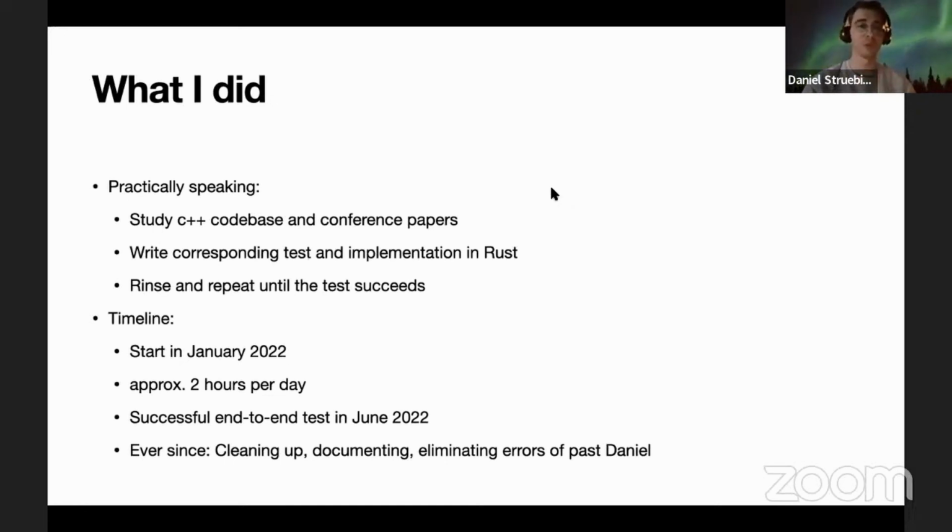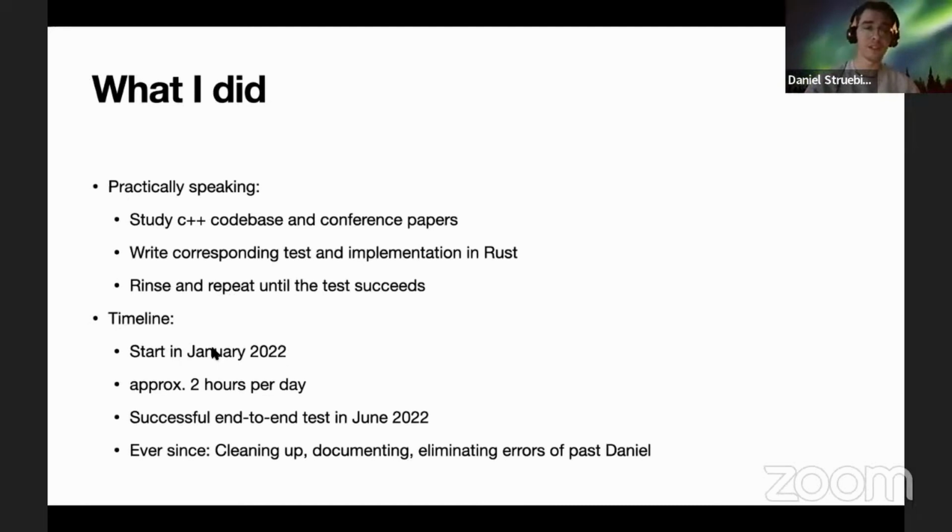Simply translated it one by one, and did a rinse and repeat until one test succeeds, and then the second test succeeds, and as you keep chipping away, as you keep working, all of a sudden you find yourself that all of the end-to-end tests also succeed, and that's what I basically achieved. To give you a bit of perspective on this timeline, this is something that I did entirely outside of my day job.